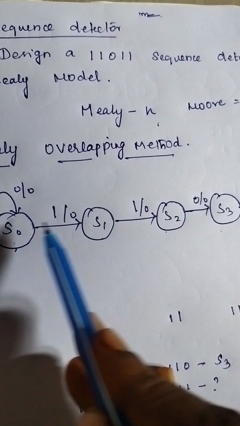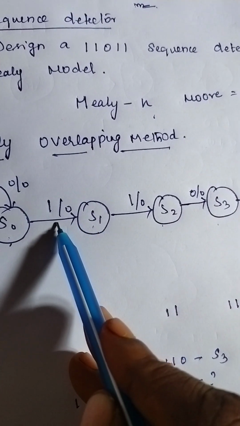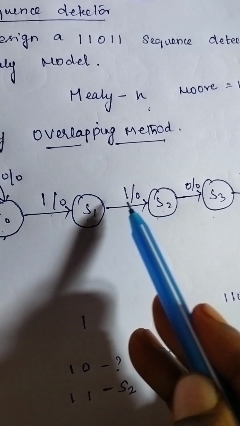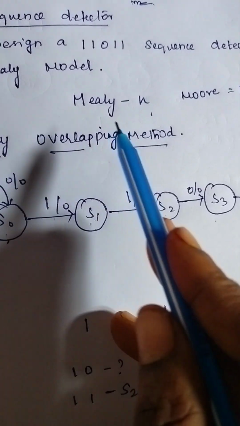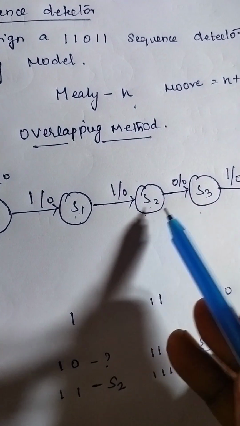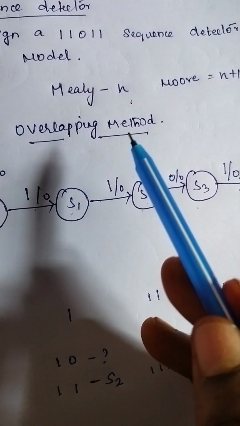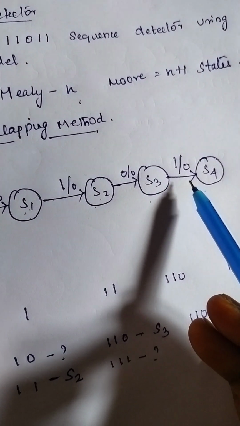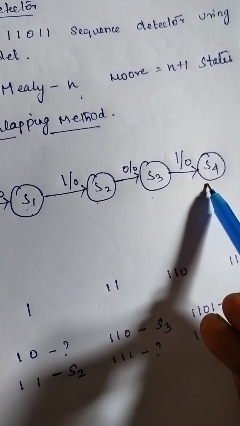From S0 to S1, your input is 1. Similarly from S1 to S2, again it is 1. This is my second bit from the sequence. Third is from S2 to S3, my third bit is 0. And the fourth bit is 1 from S3 to S4.